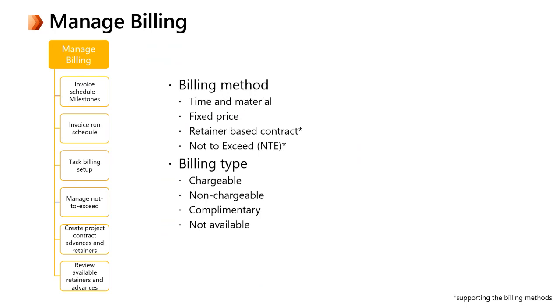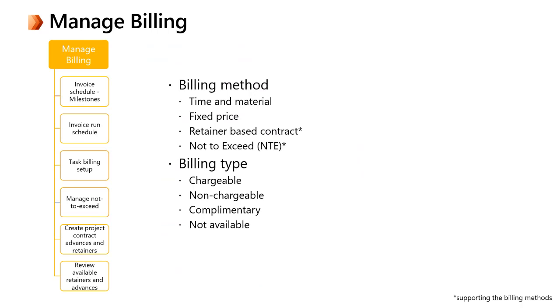The second step in detailing the billing is the billing type. We distinguish chargeable, non-chargeable, and complimentary billing types, which are filled on all the transactions that are going through our billing and invoicing.